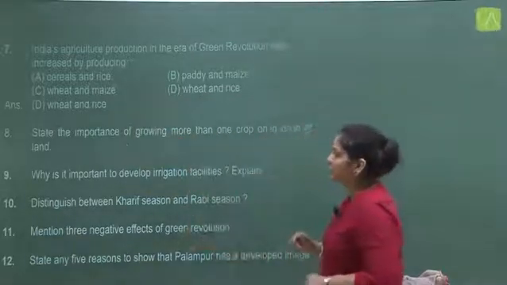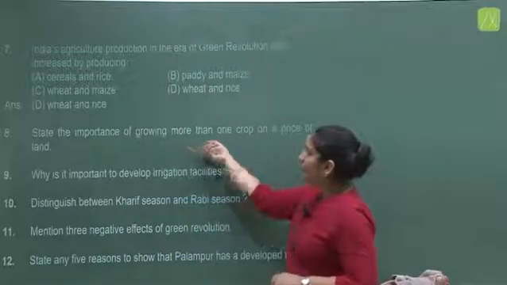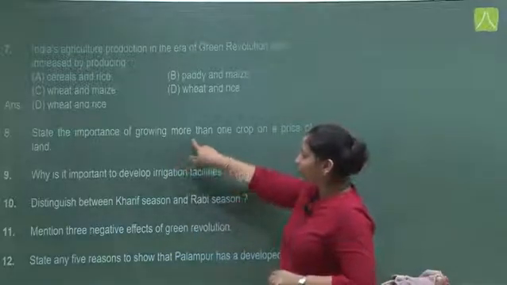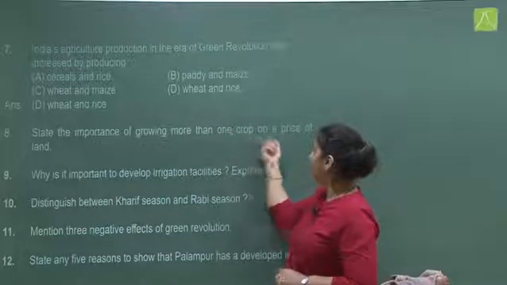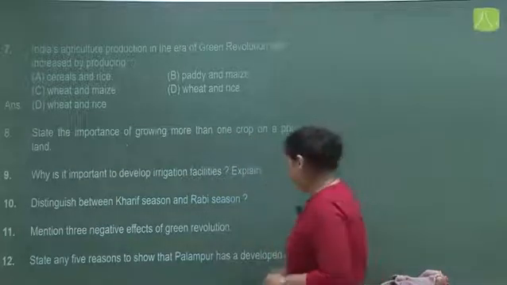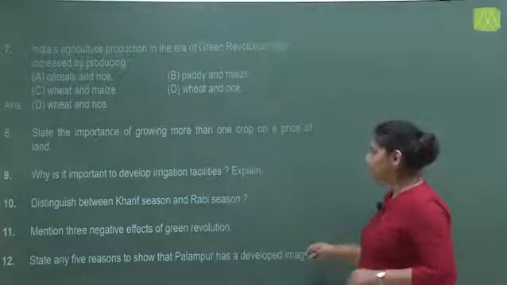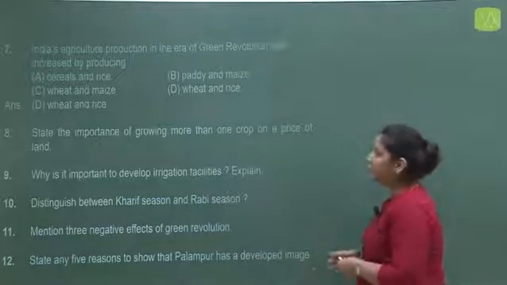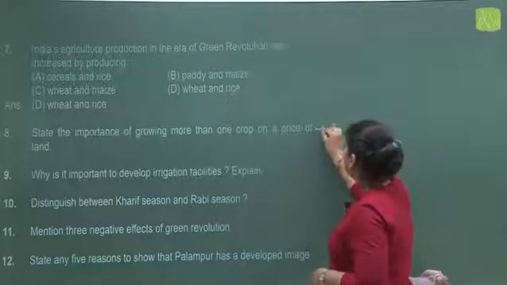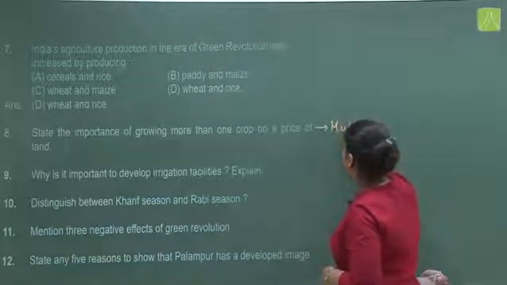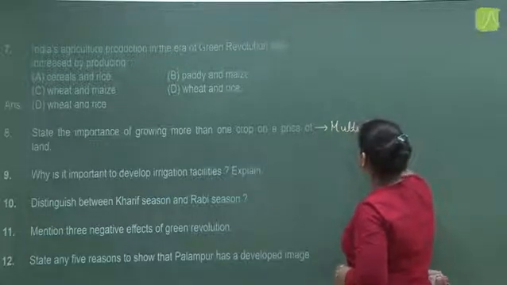Moving on to subjective answers. You have to here state the importance of growing more than one crop on a piece of land. This question relates to the pattern of multiple cropping that we had studied.